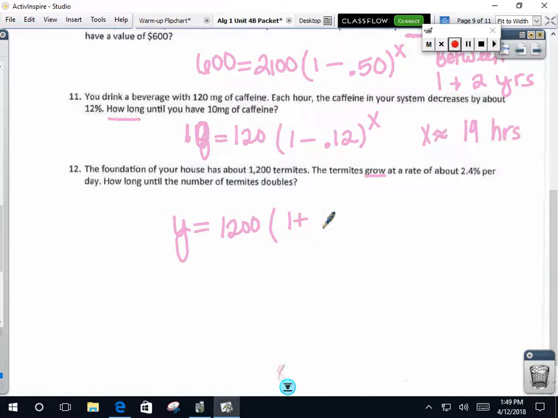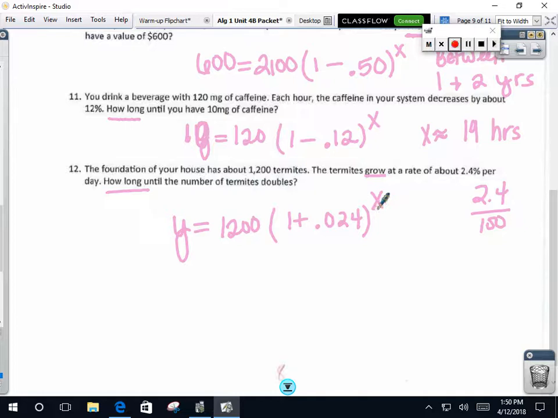So 1 plus, what's the percent as a decimal? 0.024. Now remember, for those of you who struggle writing it like this, if you just type in 2.4 divided by 100, it'll tell you this. You always just divide it by 100 to remove the percent sign. And then it says how long, which lets me know I don't know the time period.